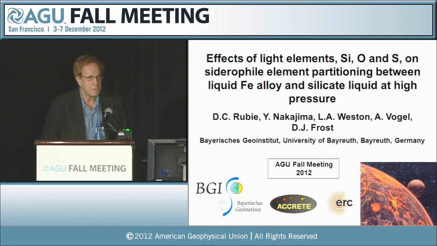And the degree of depletion depends on the pressure, temperature, and oxygen fugacity conditions of metal-silicate segregation. So the way of constraining core formation is to perform partitioning experiments of siderophile elements between liquid metal and liquid silicate under various conditions, and then put the results into models of core formation.